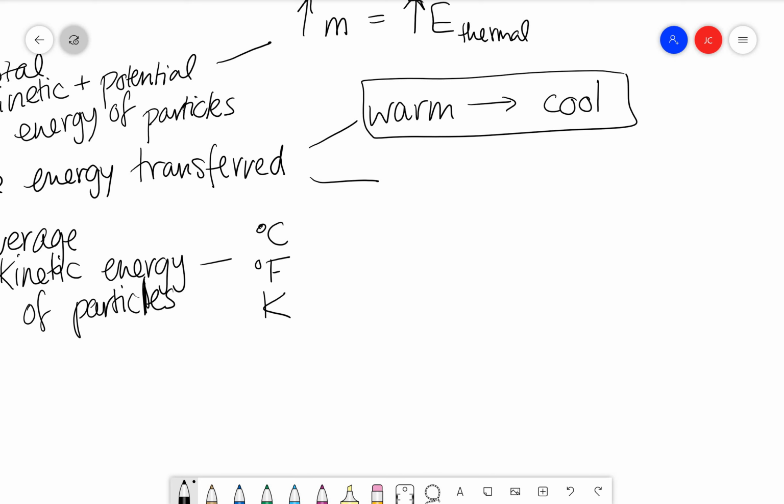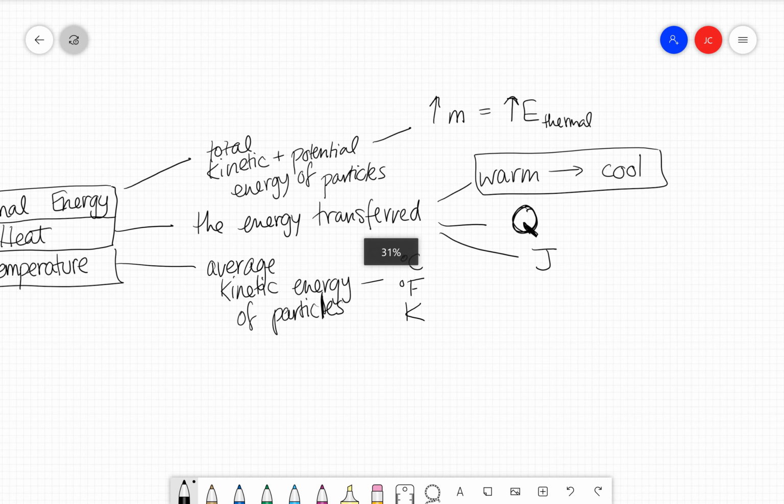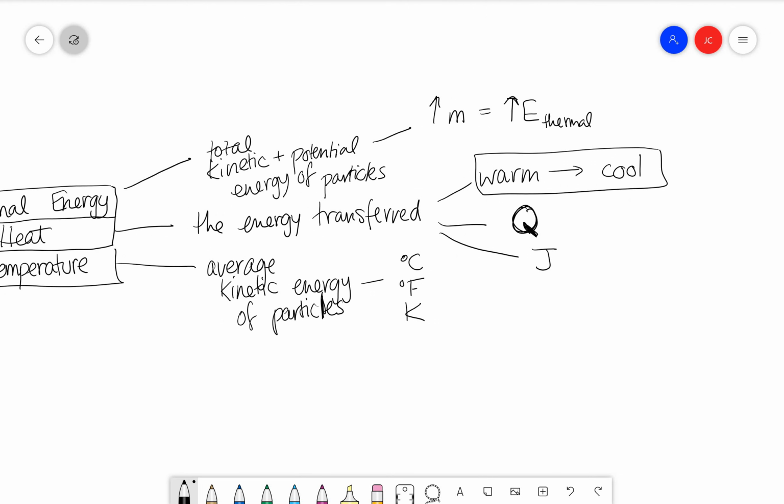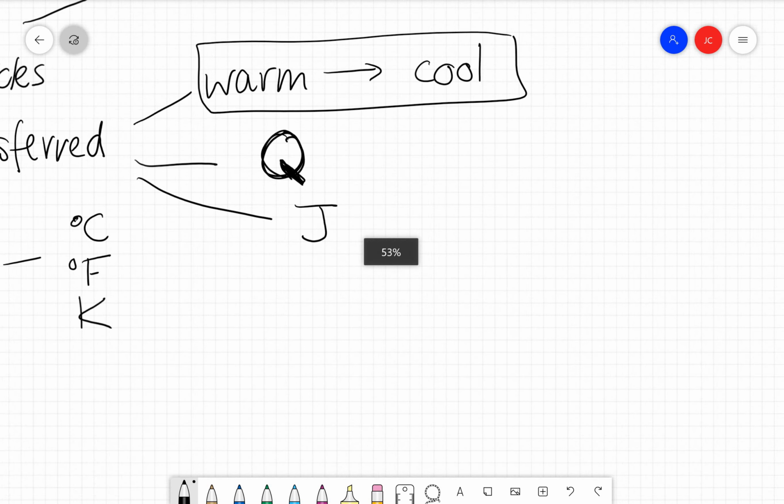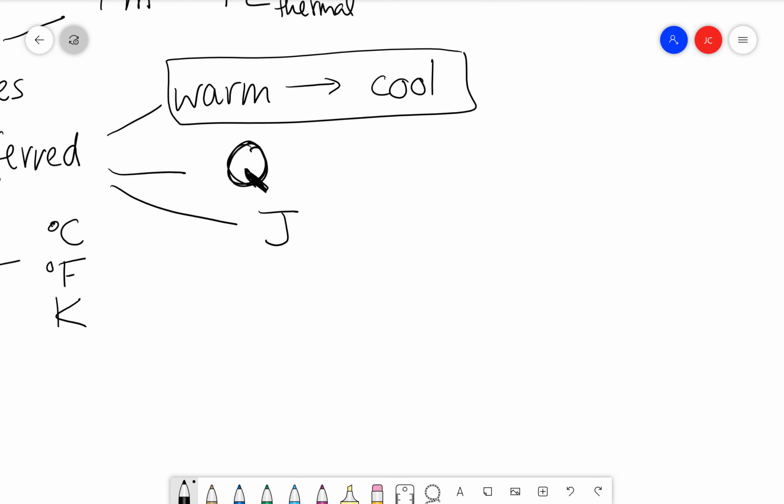Heat actually has a symbol, and that symbol is Q, and it stands for quantity of heat. And we are going to deal with Q quite a bit in this unit. And heat is measured in joules because, like the other energies we've looked at so far, it is an energy quantity. We can also make this kind of conclusion. We already know this formula.